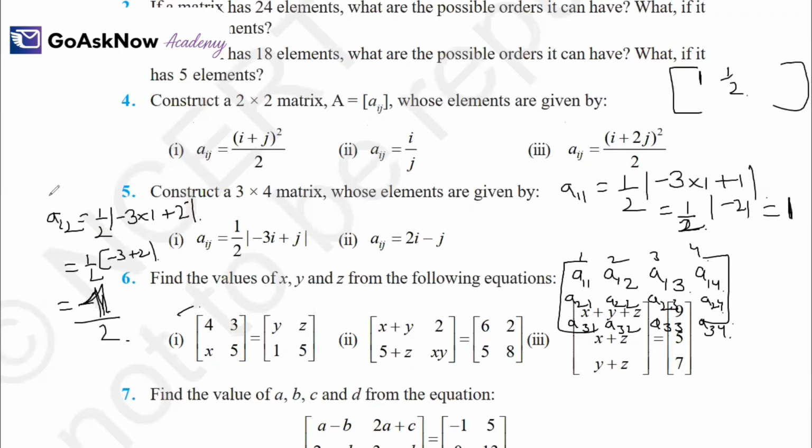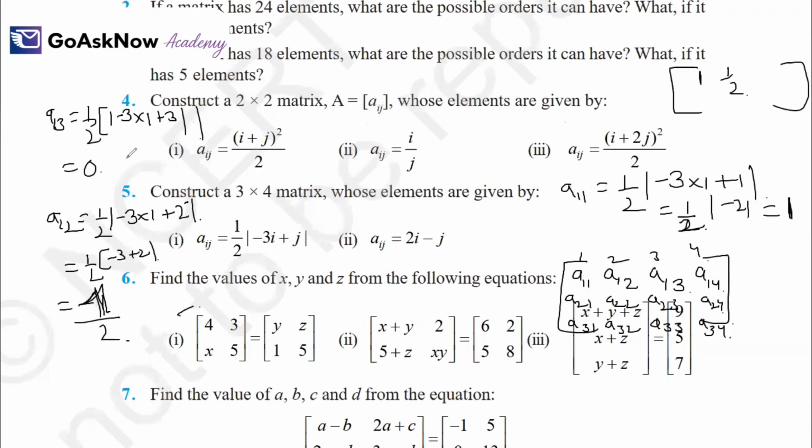For the third one, you will get A13, that is equal to half into mod of minus 3 into 1 plus 3. After solving it, what you will get? 0.